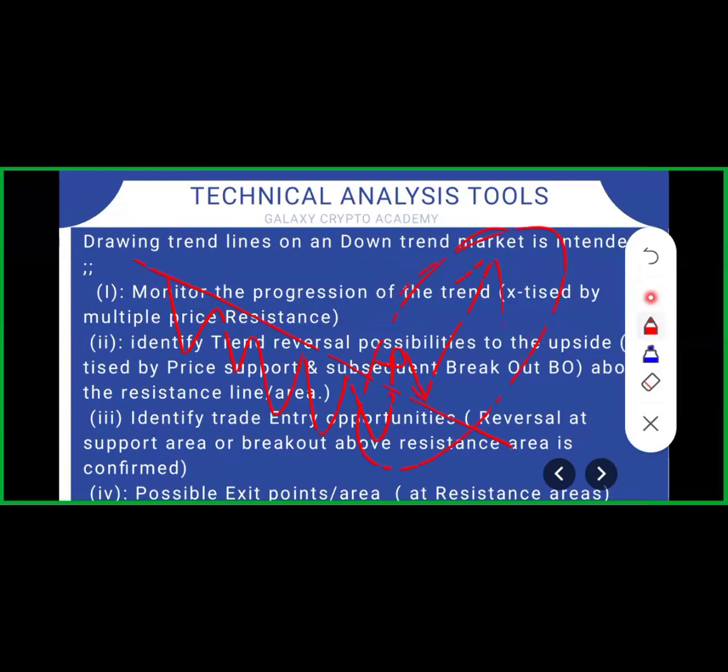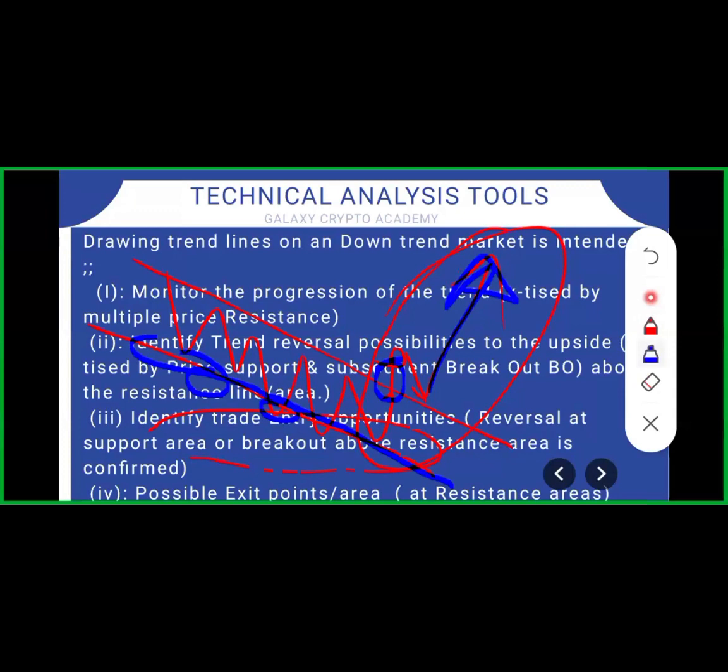And to identify entry opportunity, the same principle applies. You enter at a support line, from any point at a support line in the course of the downtrend, or when the price breaks above your resistance, because it will be a good sign of bullish sentiment.